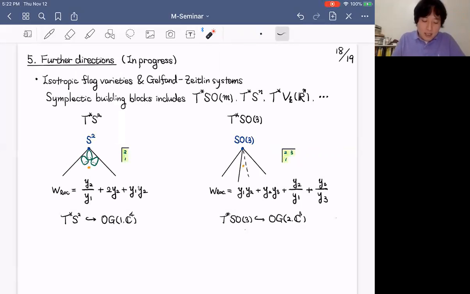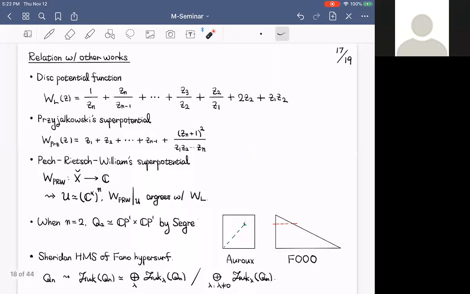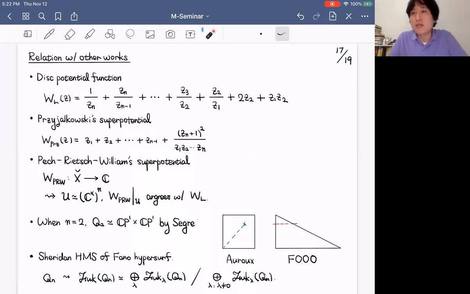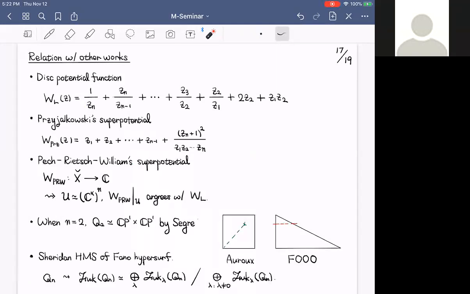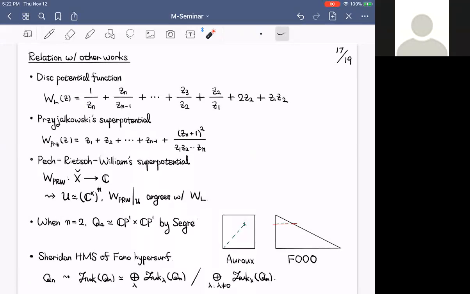Okay. Can I ask a question before you move on? You said you don't pick up the 0 eigenvalue with this potential? Right. So the torus object can recover the nonzero eigenvalue components. Okay, so for the 0 eigenvalue, you need to consider some other Lagrangian. Exactly.